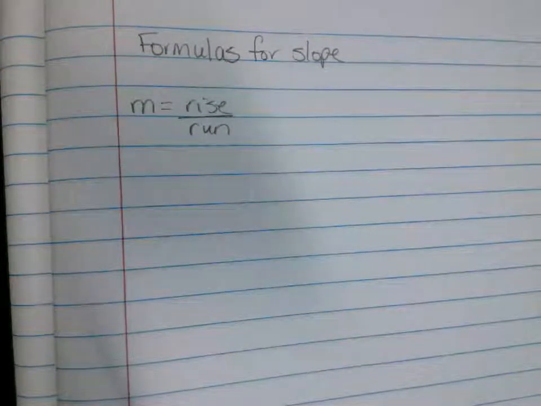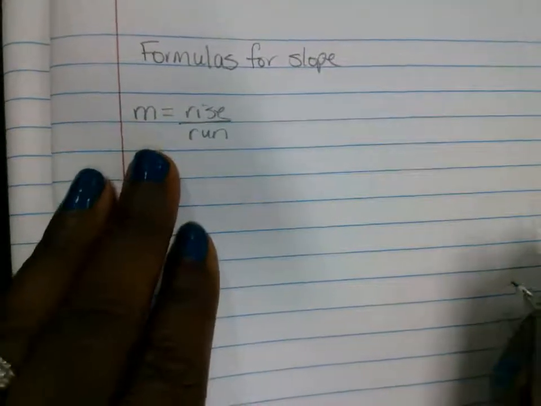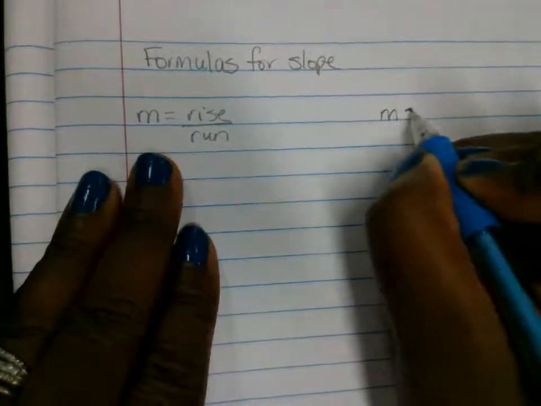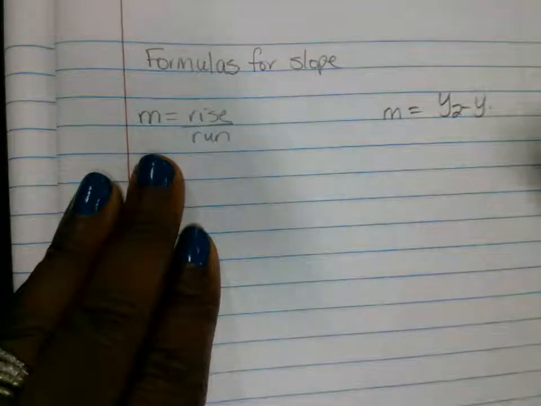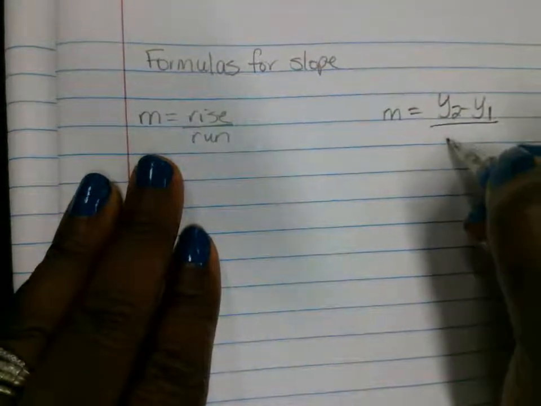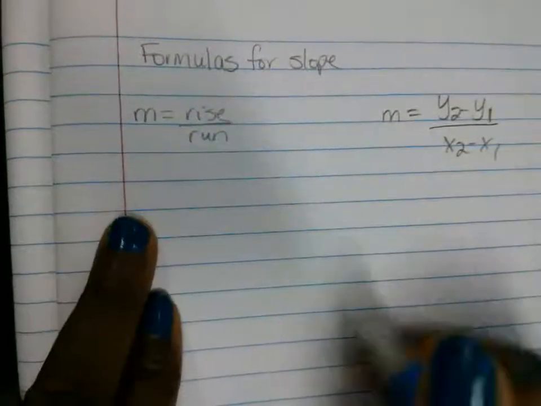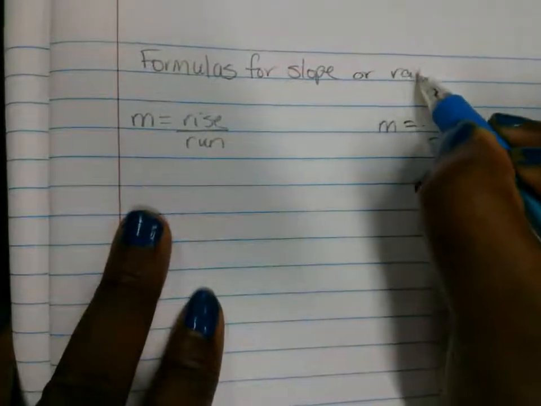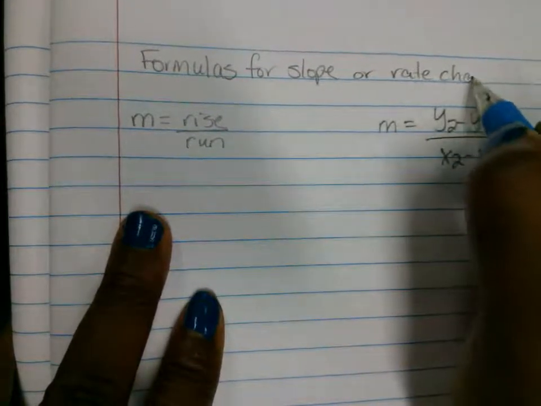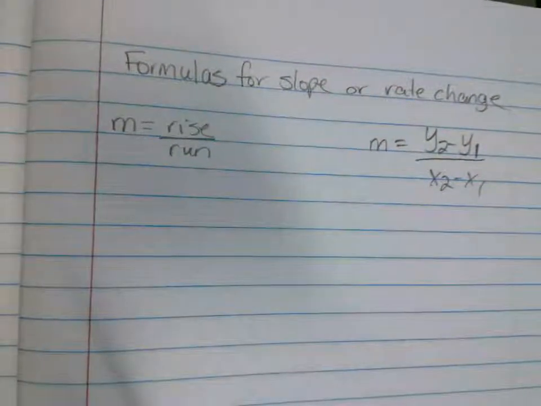So we got rise over run as one of the formulas. The second formula we use to calculate slope is y2 minus y1 over x2 minus x1. This is the formula for calculating slope, or I should say, rate of change, because they are the same thing. They are synonyms.